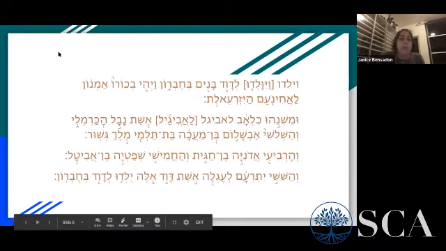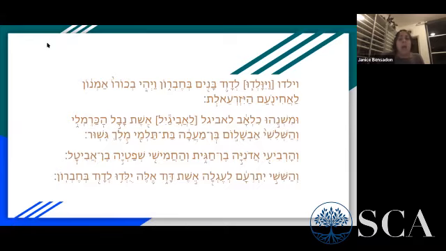Now we see that it also interjects here that David had children in Hebron, and his oldest is Amnon, Achinoam the Yizreelite, and then it lists all his sons. Now, this might seem a little bit random, like why are we throwing this in now? But it's really not random, because it's showing us that even though he was only ruling in Hebron, he was establishing himself. He was establishing his lineage, his continuity.